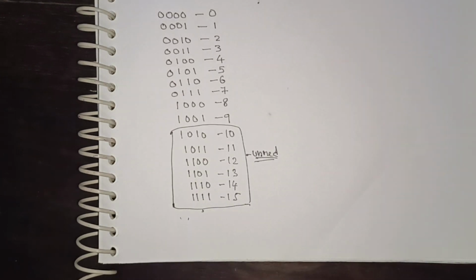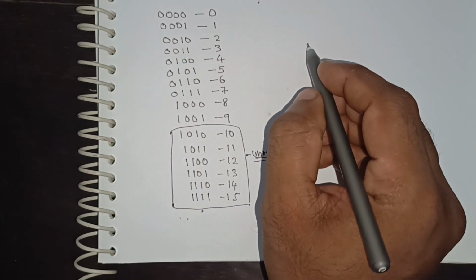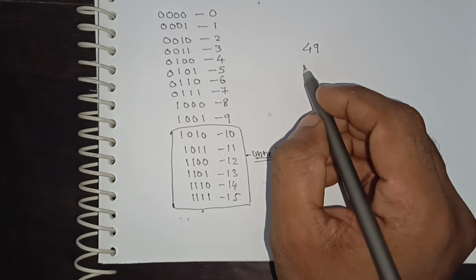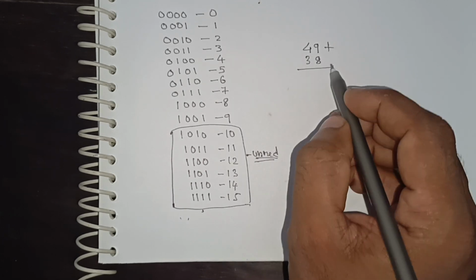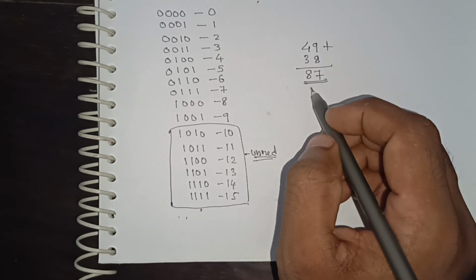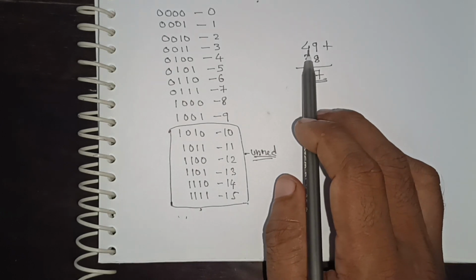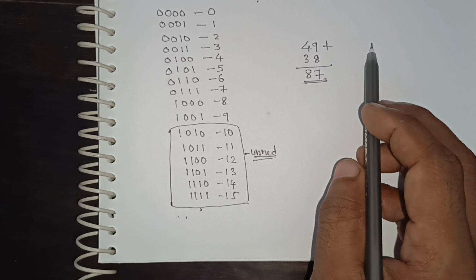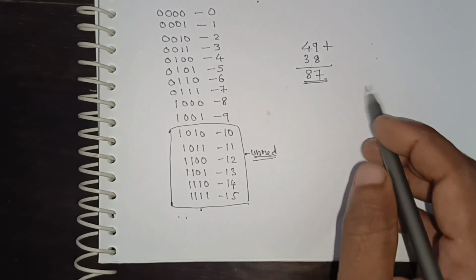So in BCD arithmetic, now we will see how the auxiliary carry is used. We will perform a simple addition of 49 and 38. Adding these, we will get 87, right? This is in decimal. In our microcontroller, we are going to convert 49 to its equivalent BCD representation and 38 to its equivalent BCD representation and add.